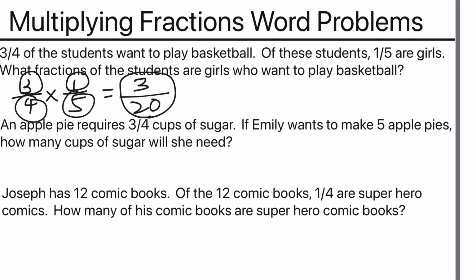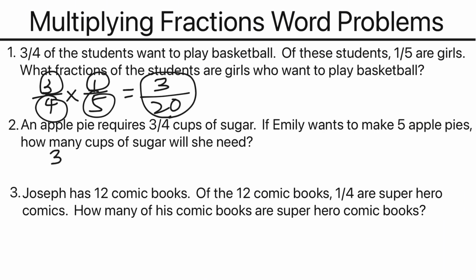Now going back to the word problem, we have 3/4 times 5. And when we have a whole number multiplied by a fraction, we need to convert the whole number to a fraction.